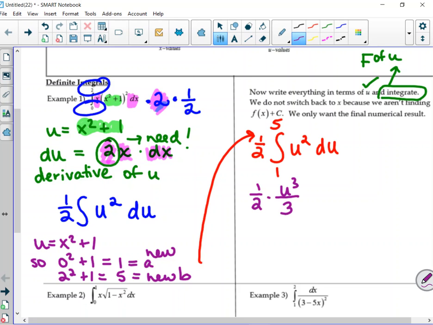The antiderivative of u squared is u cubed over 3, using the backward power rule, with the extra 1/2 I needed because of the u substitution. Normally, I would write down plus C and I would switch u's over to x's. I'm not doing either of those things this time. This is my big F of u.